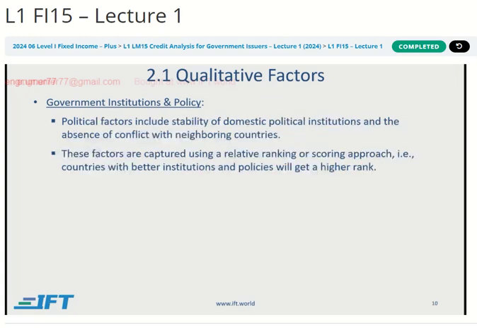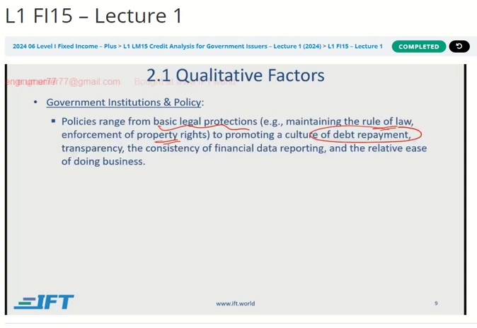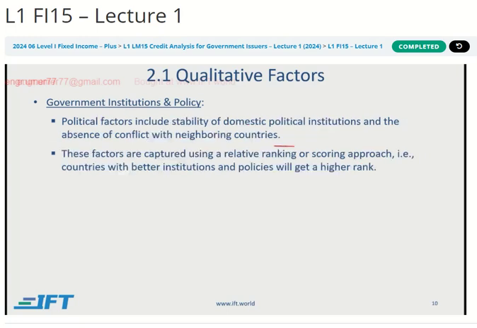So this, of course, needs to be seen in a quantified manner, because coming back to this previous slide, promoting a culture of debt repayment, I mean, that's such a subjective point, right? But what we need to do is convert it to some sort of a ranking or scoring approach where we can choose between countries that have more of a propensity and are inclined towards repaying on time versus those who might have some malintentions.